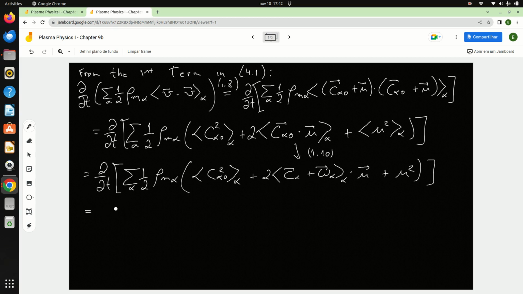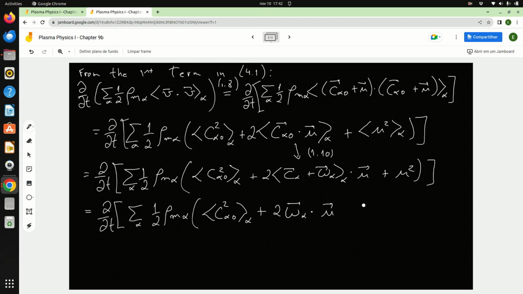This is given in 6.22, so we can write 1/2 alpha plus this will be just like this, plus u square.